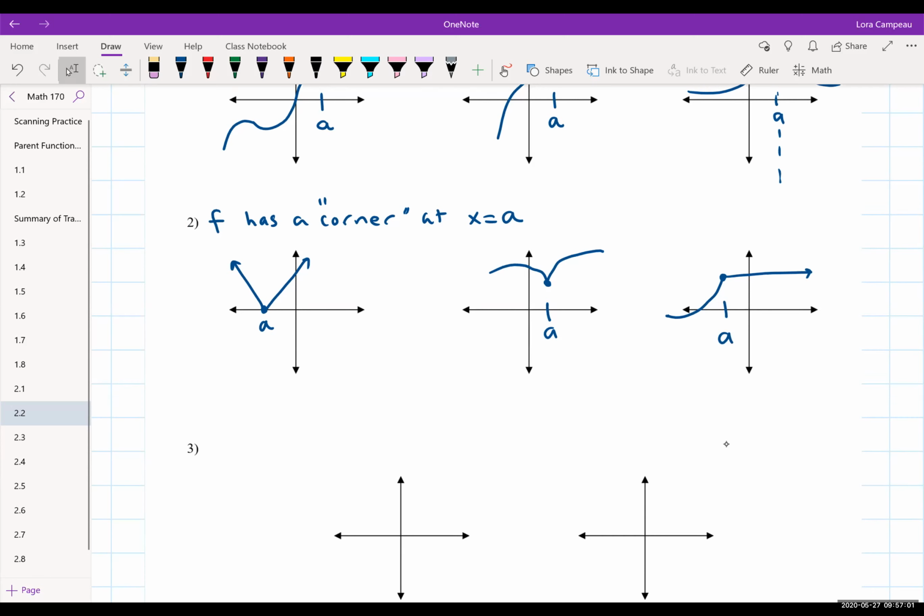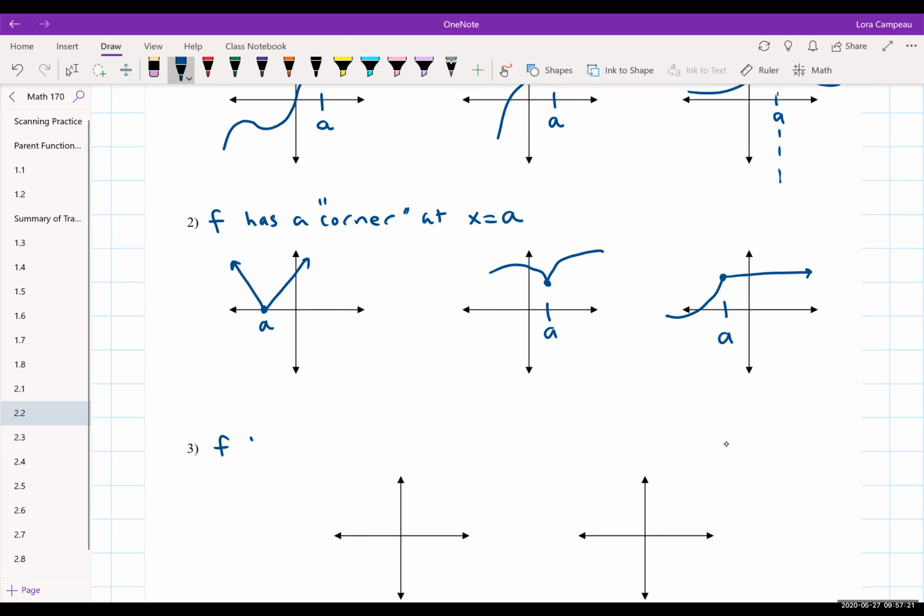Now, one last way we could run into the case of not being differentiable: we may run into functions that are smooth and continuous, but we have a vertical tangent line at a certain point. Let's see if I can draw that the best I can.